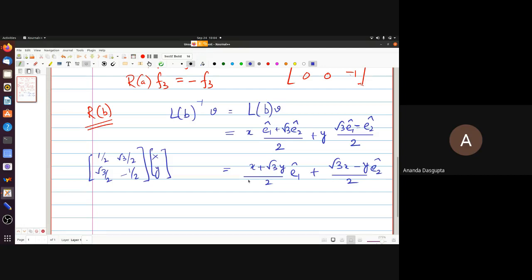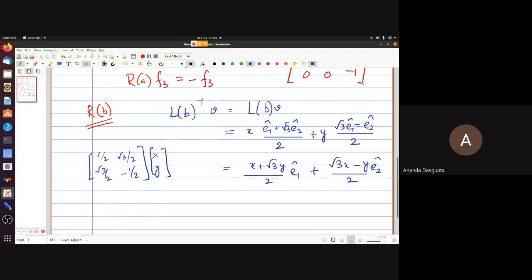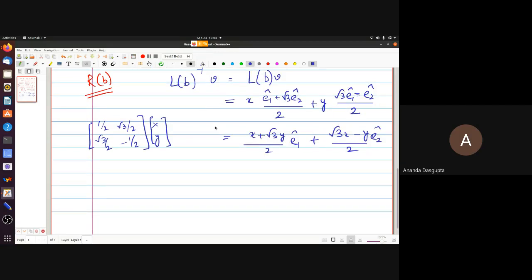When you are defining it through the action on the basis vectors, and there you have this rather strange JI thing, the interchange of the two indices. But that actually ensures that when you think of it as acting on the column vector produced by the components, it gives the right transformation of the components by the ordinary rules of matrix multiplication. That is the one which you are usually used to seeing before you learn about linear algebra and stuff like that. But the two are consistent ways of looking at things.